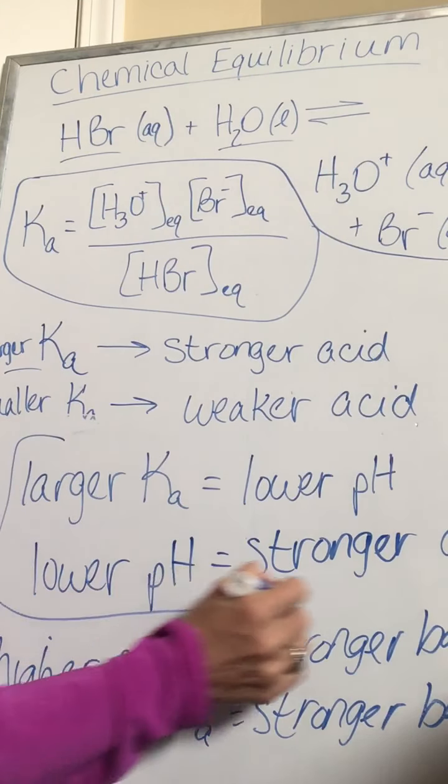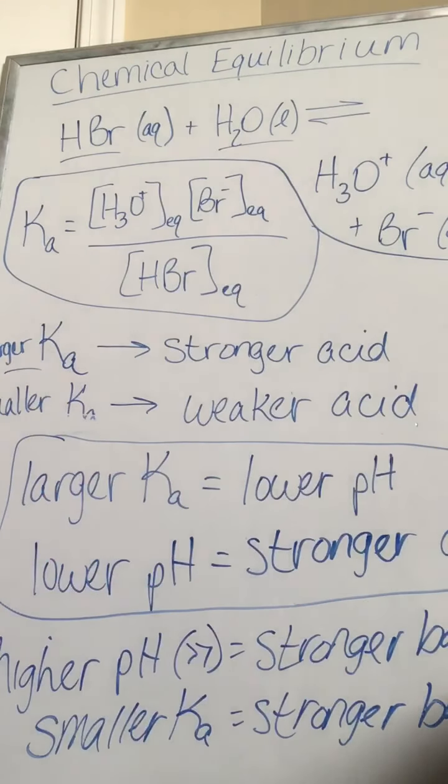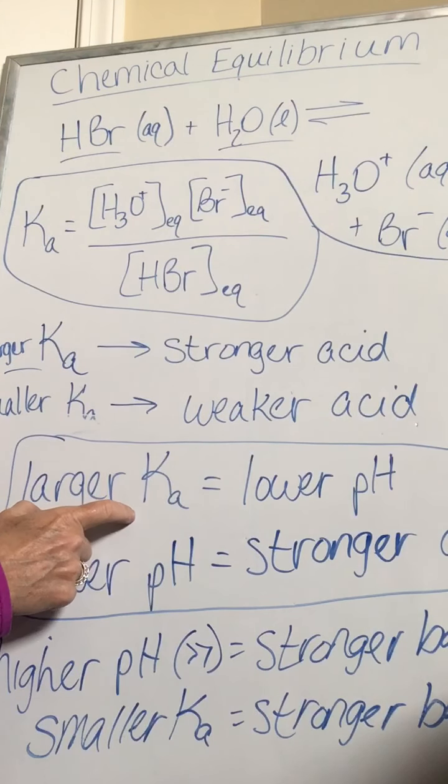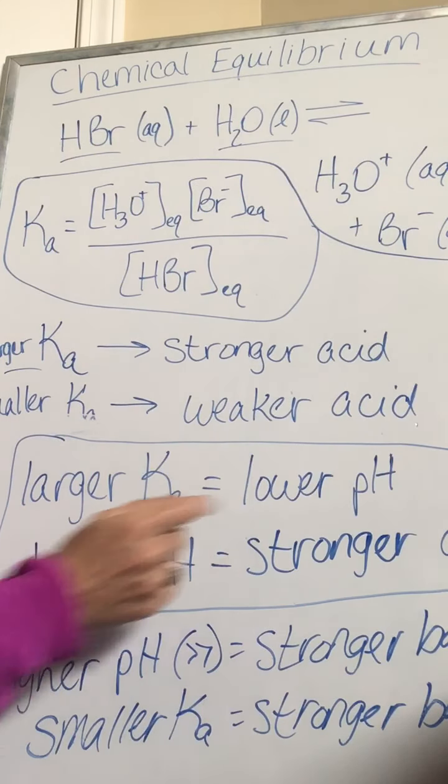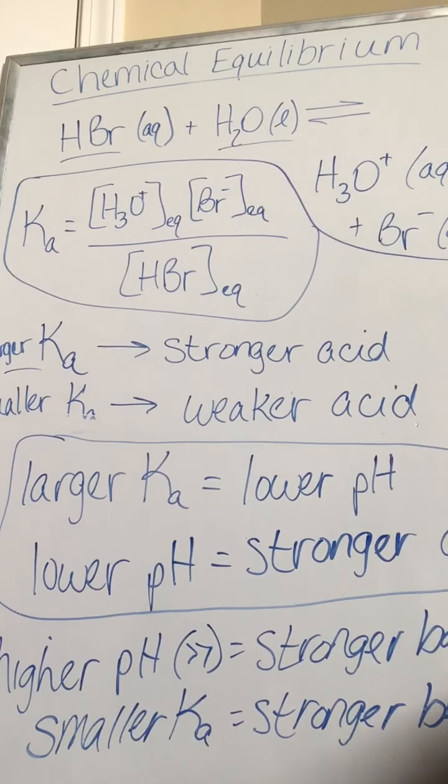This is something that you just need to remember. It doesn't require any math. Even if you're given numbers, and you will be given numbers, just know that a larger Ka, meaning if they're both negative exponents, the smaller negative exponent, would be a lower pH, okay? And a lower pH means that it's a stronger acid.